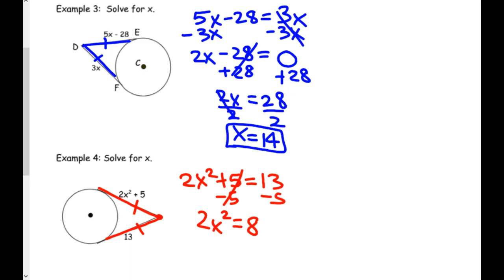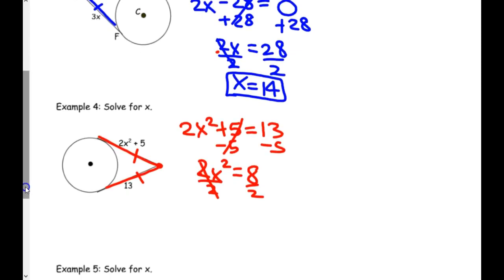Now don't touch that squared yet. First, get rid of that coefficient 2. How do I get rid of this 2? Same way I did it up here. Divide by 2. Divide by 2. So x squared equals 4. And now that x squared is by itself, how do I get rid of the squared?